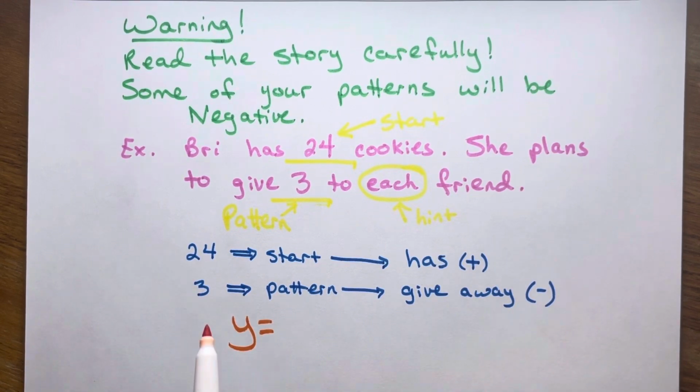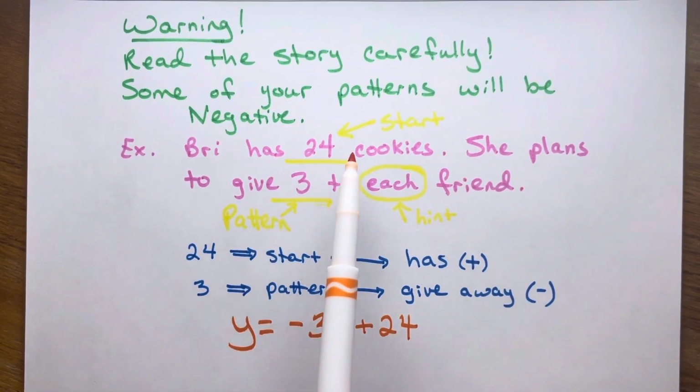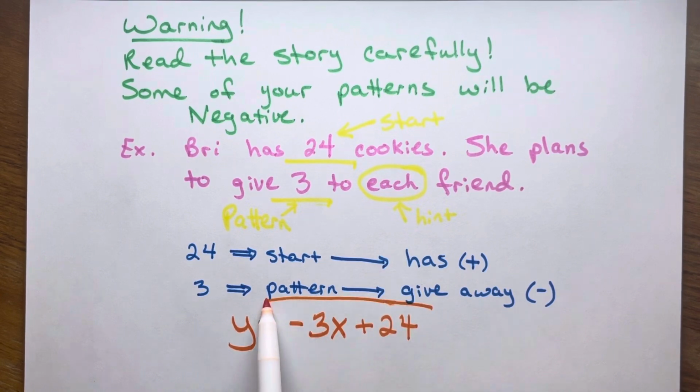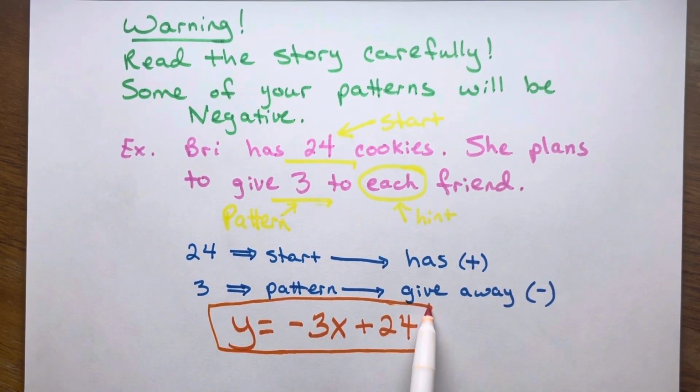That means our slope is negative 3x, as we put in our variable. And we have 24 cookies. So to have them at the beginning, that is a positive. I am holding them in my hand. So plus 24. Therefore, the equation for our little story of having 24 cookies and then I'm giving 3 to each friend, that means our equation will be y equals negative 3x plus 24. And there you go.